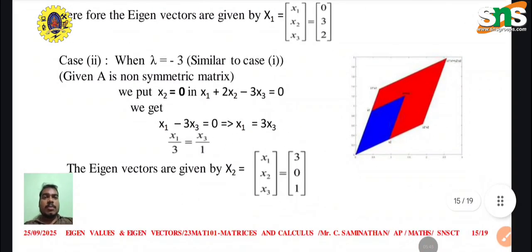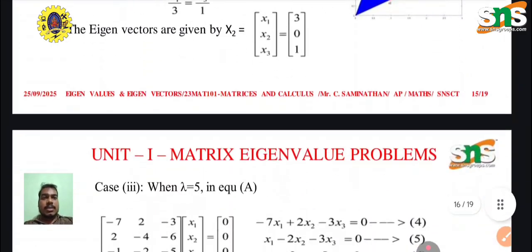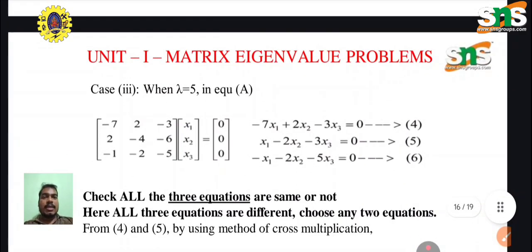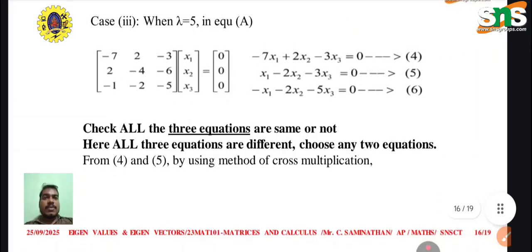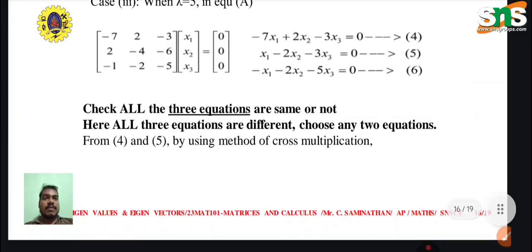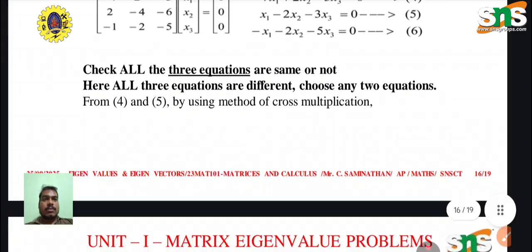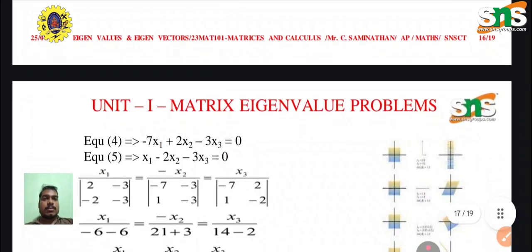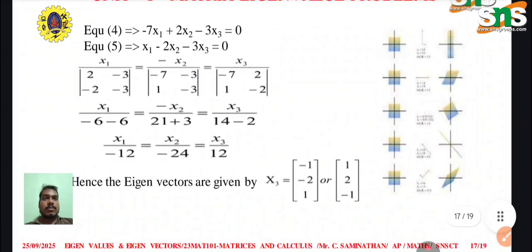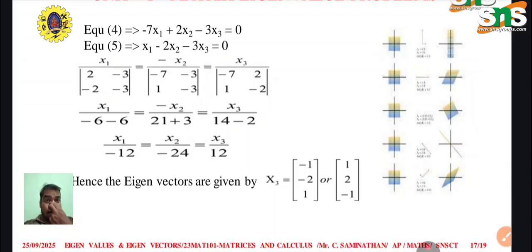In case 2, lambda equal to minus 3, we get eigenvector 2. In case 3, when lambda equal to 5, we find the x values.